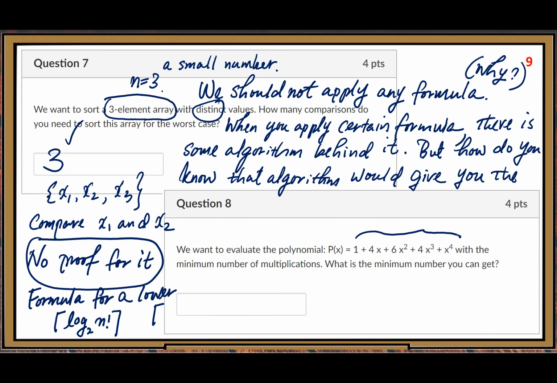Now you know 1 plus x to the 4th, and you need to do square twice. So 2 multiplications. The minimum number of multiplications is 2.